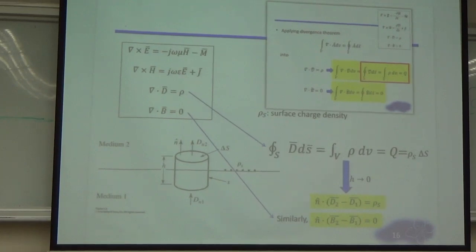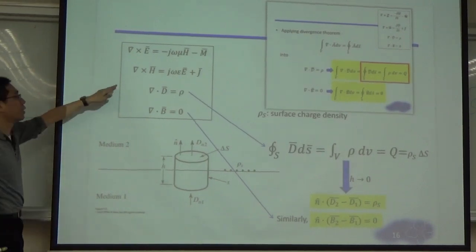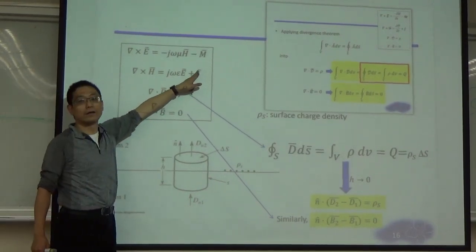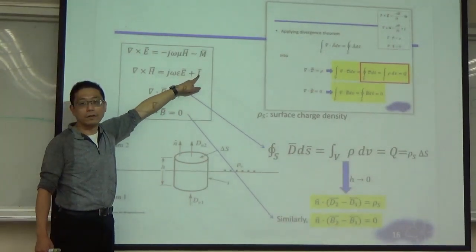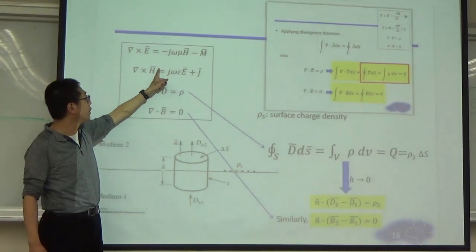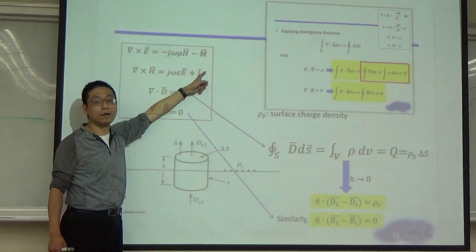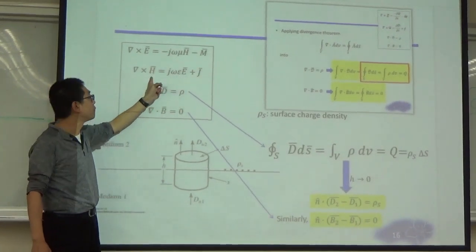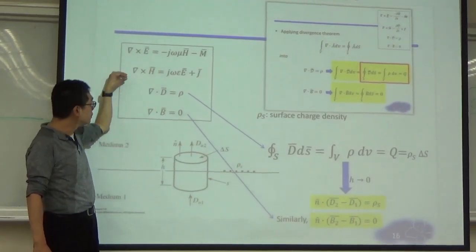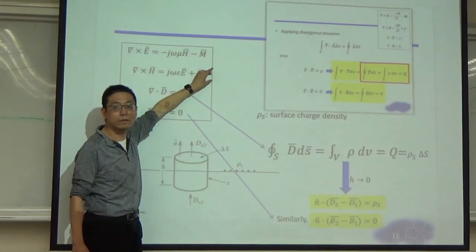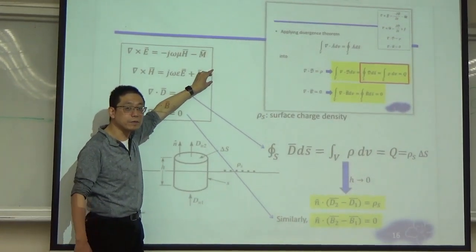You talk about current, right? This is the current density, and if there is a current, you will have a magnetic field. This is Ampere's law. But very close and very good.